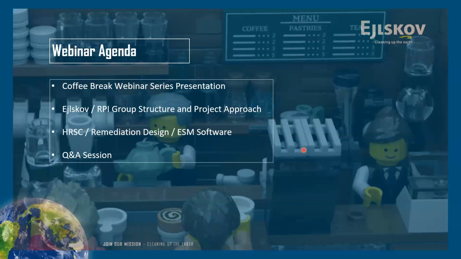The agenda for today is to show the webinar series and give a little sneak peek of what we will cover during the sessions, go through the structure that Ejlskov and the RPI group has created over the years and how we normally address our projects, cover the main topic of today, which is high resolution site characterization and remediation design, and how we support our data collection through the use of our ESM software, and then leave as much time as possible for a question and answer session.